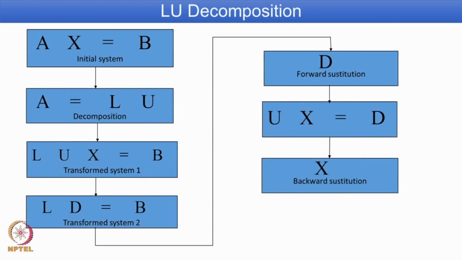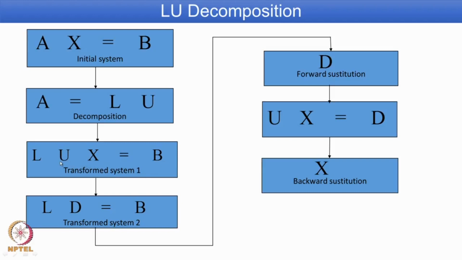The procedure of LU decomposition and solution is given in this flow chart. Given the coefficient matrix equation Ax equal to b, that is the initial system. Now the coefficient matrix A is decomposed as L and U, the product of L and U. Now we rewrite the given equation Ax equal to b as LUx equal to b.